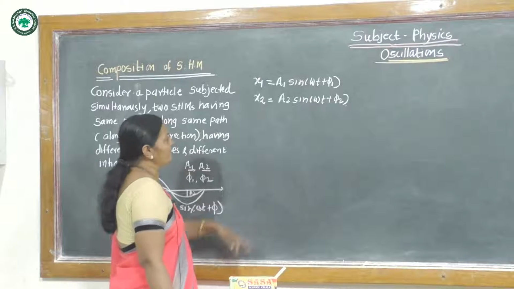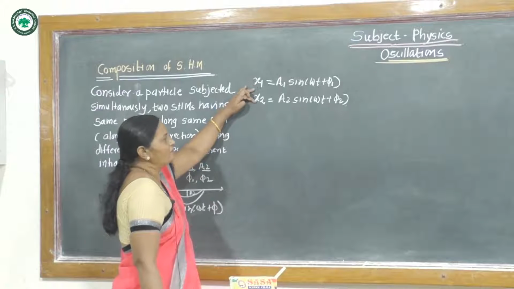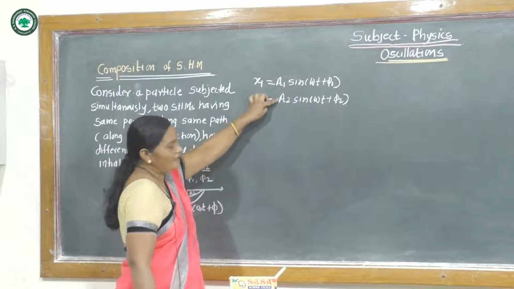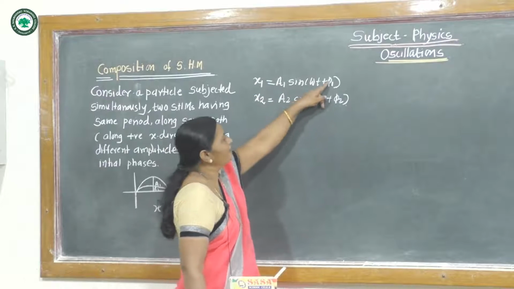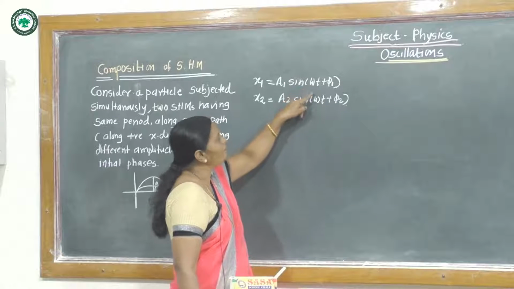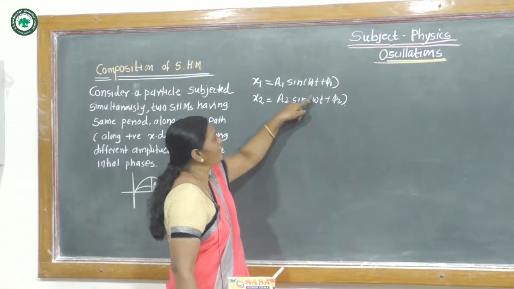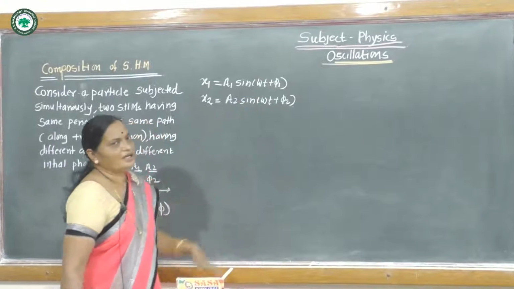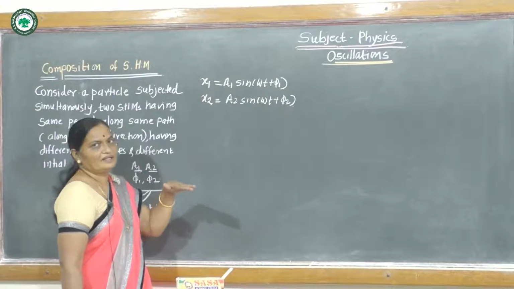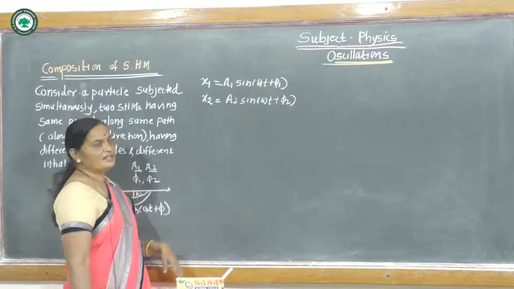These are the two SHMs, x1 and x2, having different amplitudes A1 and A2, different initial phases phi 1 and phi 2, and the same period, that is the same omega t. The plus sign indicates that they travel along the positive x direction.